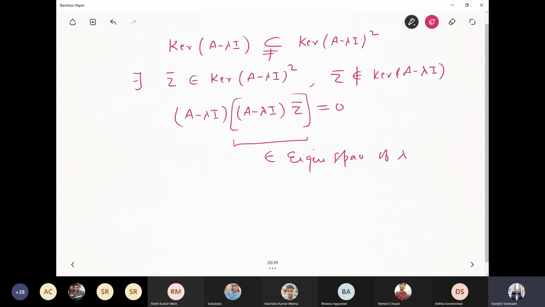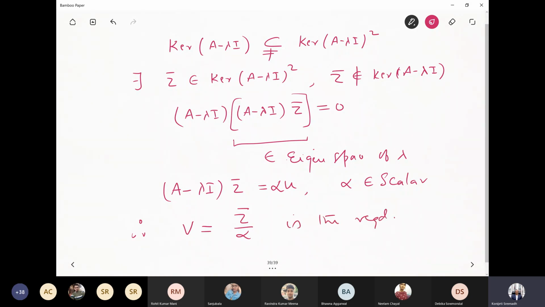And we assume that lambda has only one eigenvector. Therefore, A minus lambda I z equals alpha times the eigenvector, where alpha is a scalar. Therefore, you can define V, which is z by alpha, as the required generalized eigenvector.